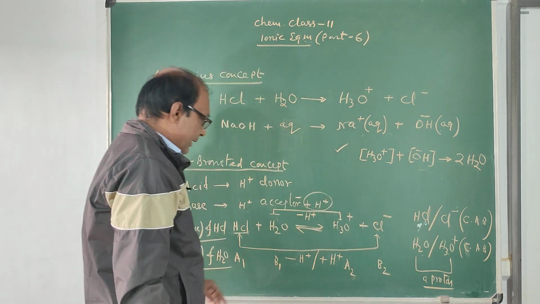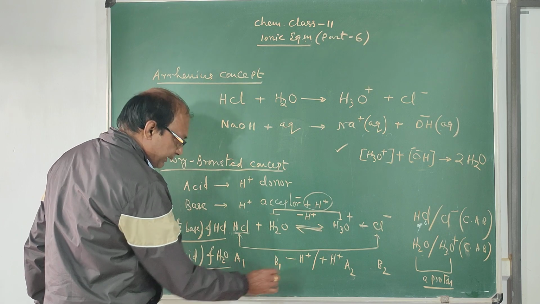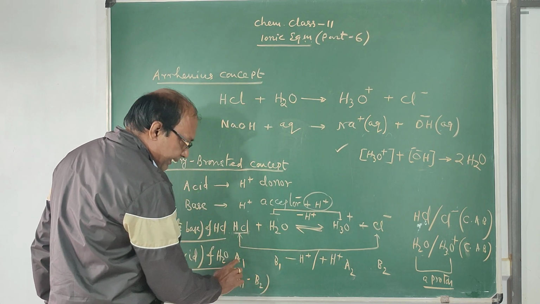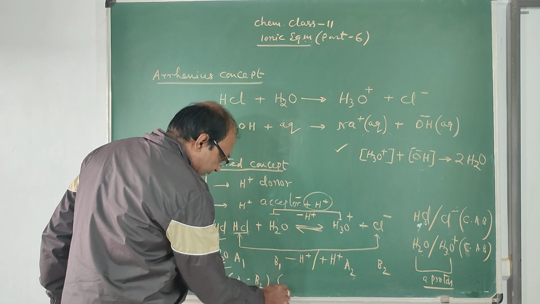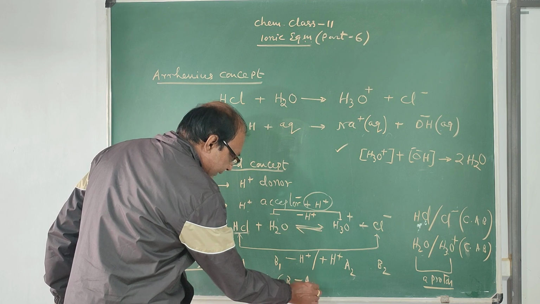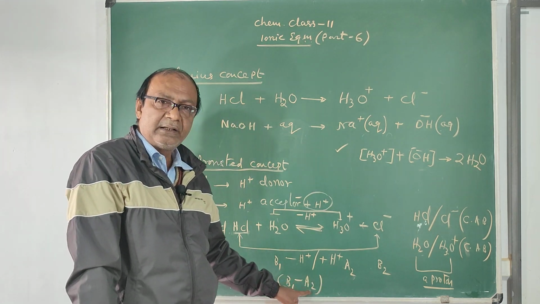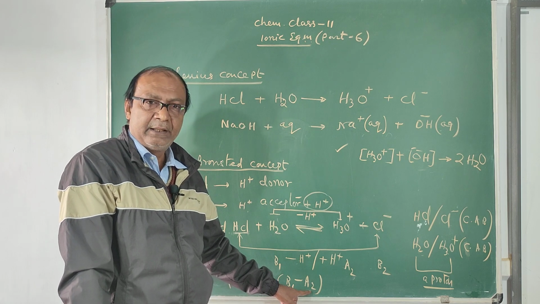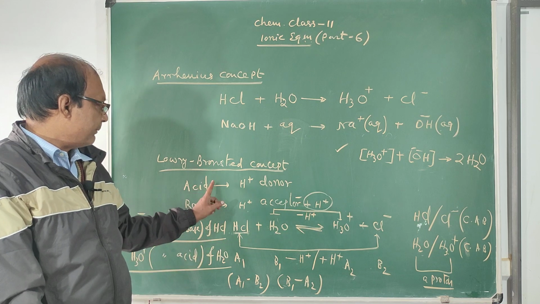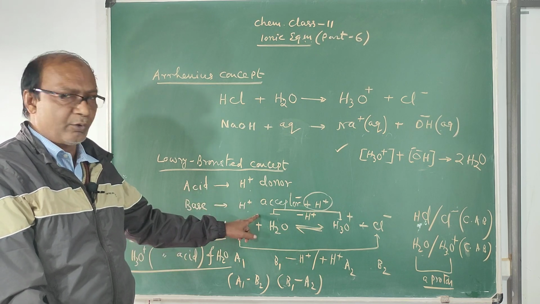Therefore, you can say here that A1B2 is a conjugate acid-base pair and another, B1A2, is another conjugate acid-base pair. So this is the Bronsted concept. First of all, the Bronsted concept says that an acid is a proton donor, and a base is a proton acceptor.